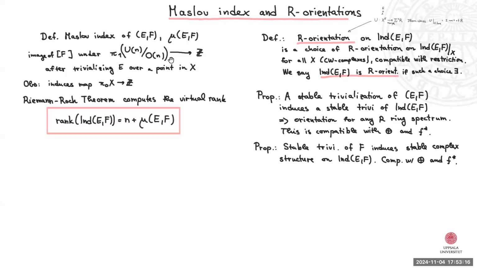So this is somehow the geometric intuition, but the proper math statement should be that it is the image of F under this map, because you can somehow see the totally real spaces as elements in here.